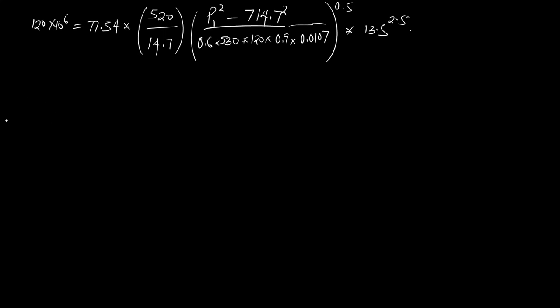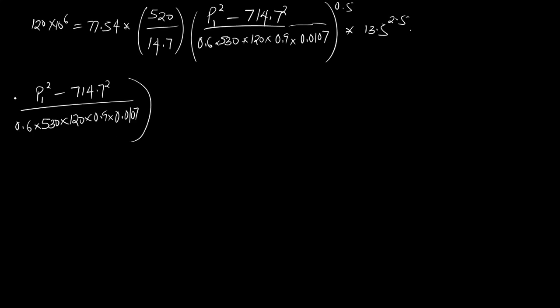Now let's solve for P1. Now to solve for P1, we can just say P1 square minus 714.7 square divided by 0.6 divided by 530 divided by 120 divided by 0.9 divided by 0.0107, all raised to power 0.5 will now be equal to 120 times 10 raised to power 6.